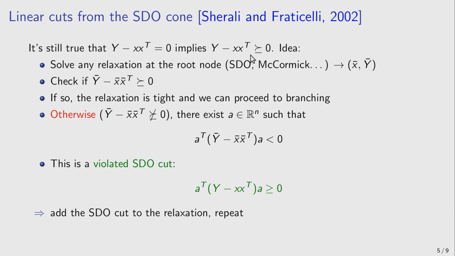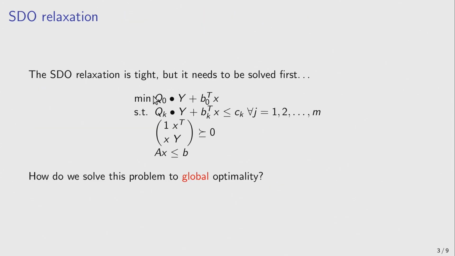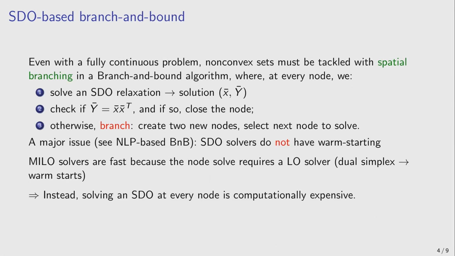So suppose you don't add this positive semi-definiteness constraint, but you stick to this initial relaxation without this nonlinear problem, and you solve the relaxation. You will end up with a bound that's relatively bad because you don't even have McCormick. Or you could put in McCormick inequalities and you would get a slightly better bound, but not as good as with the positive semi-definiteness constraint. That should be, yes?